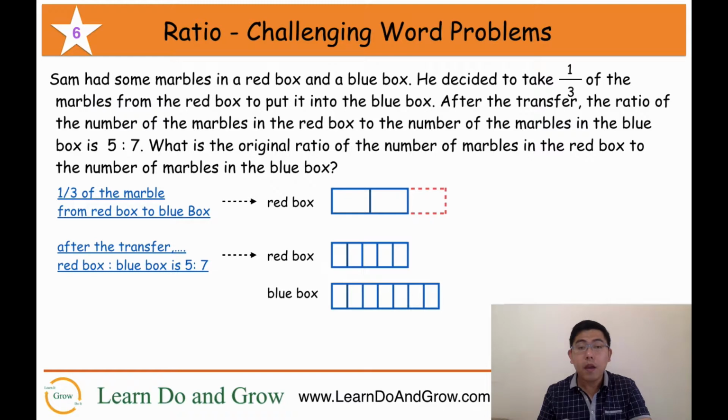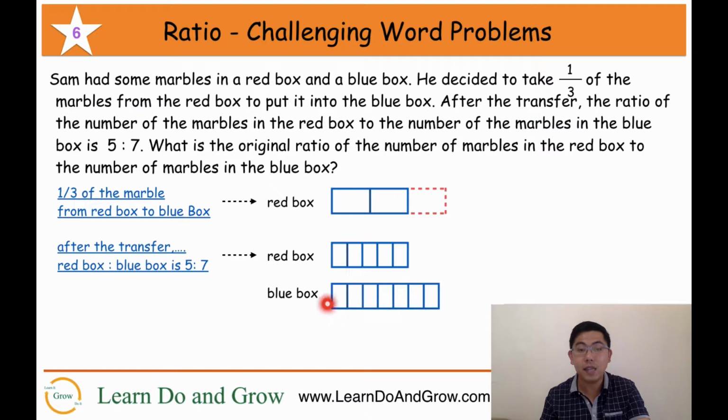If we just look at this alone, it is not going to help us to solve the problem because we are looking at the original ratio. In order to know the original ratio, you need to know the number of marbles in the red box compared to the original number of marbles in the blue box.